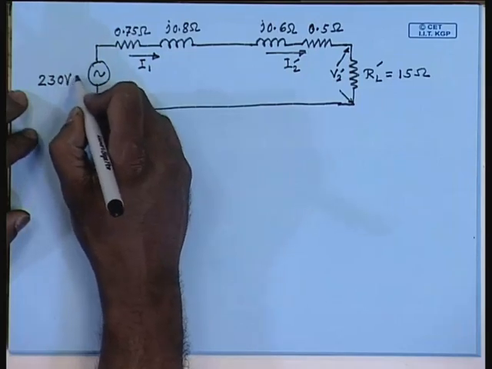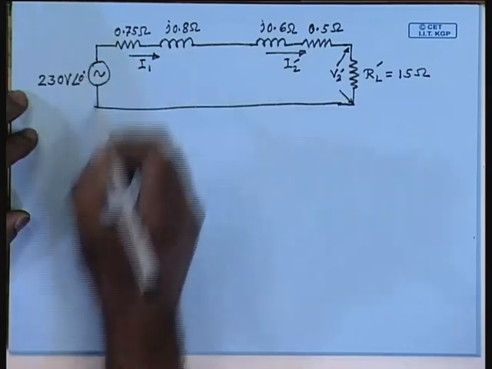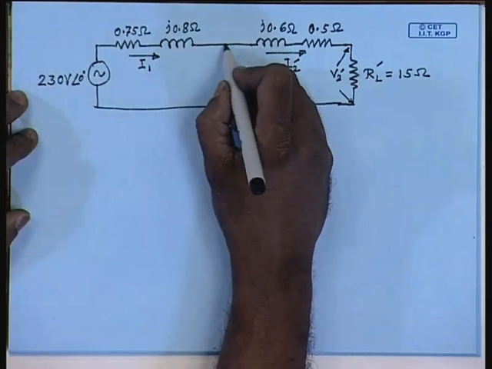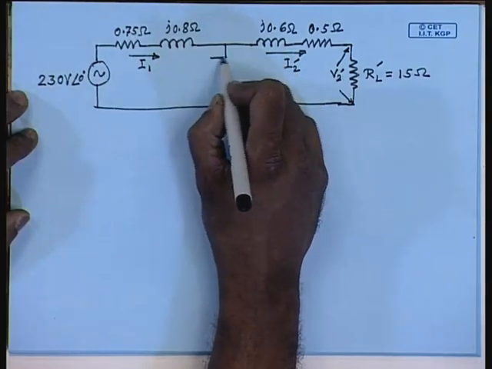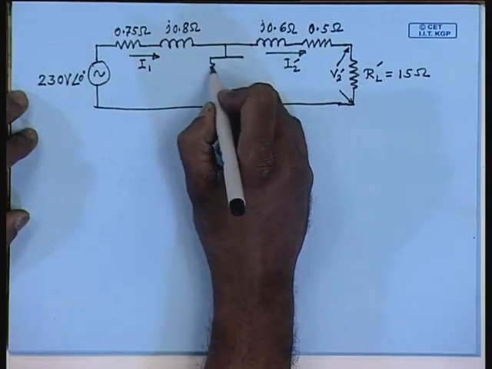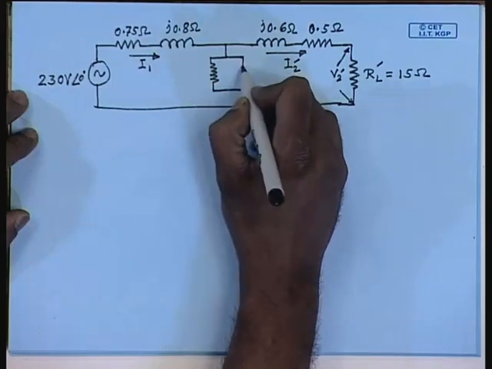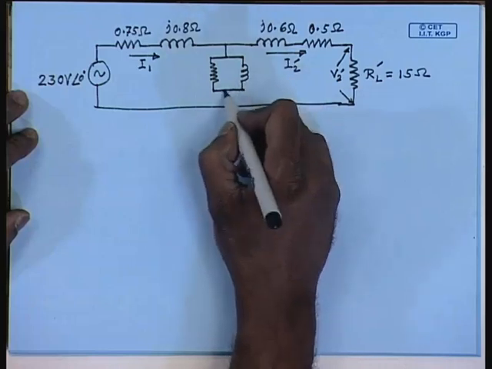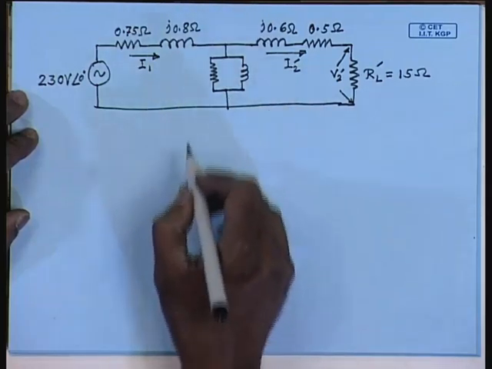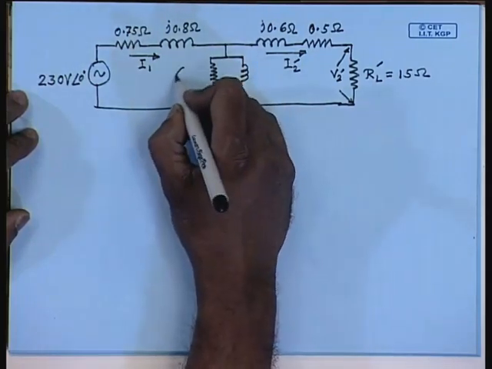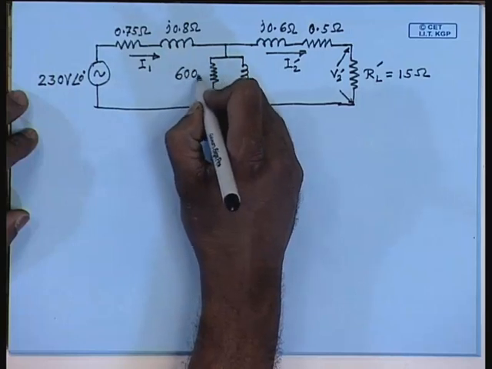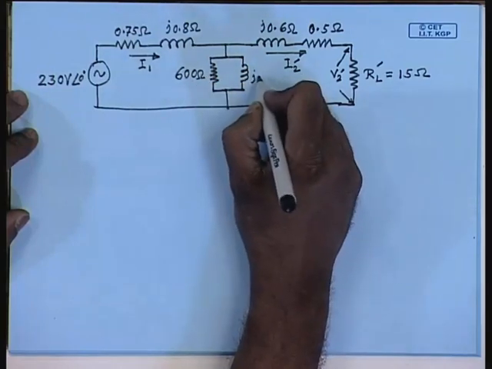So, let us take it to be our reference phasor at 0 degree. The magnetization branch is referred to the primary, so its values do not change. This is 600 ohm, this is j 300 ohm.